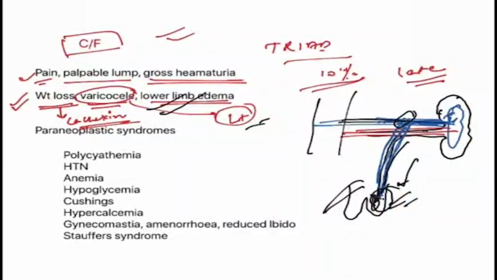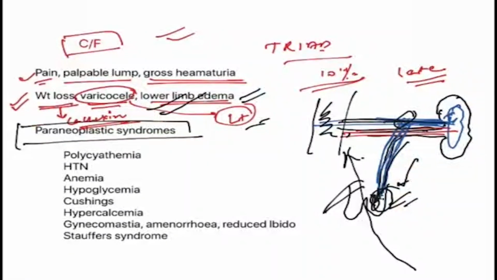Then lower limb edema is also seen when the tumor involves the IVC, so the venous drainage from the lower limb is impaired and lower limb edema is present.